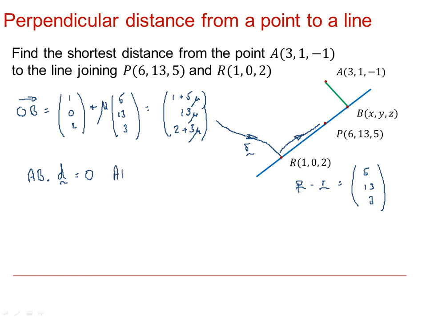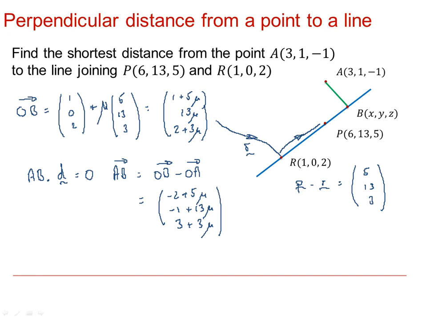Well, we can get AB, the vector from A to B, by looking at the vector for OB, the position vector of B, minus OA, the position vector of A. In other words, it's the expression that we've found above and then minus the position vector for A, so that will become (negative 2 plus 5 mu, negative 1 plus 13 mu, and 3 plus 3 mu).